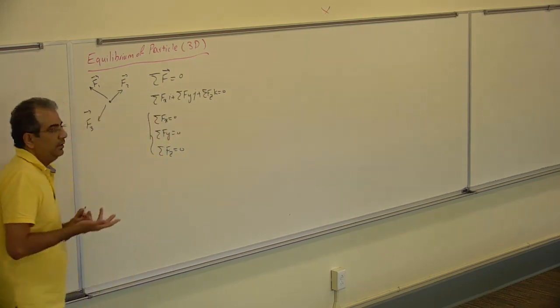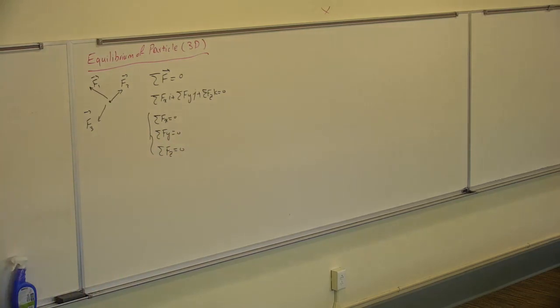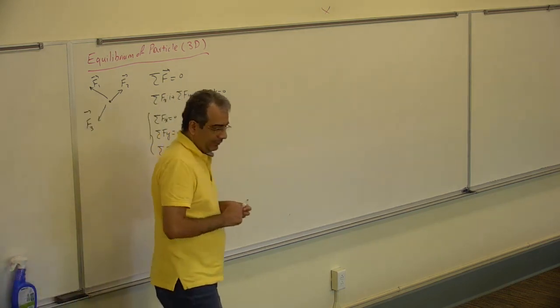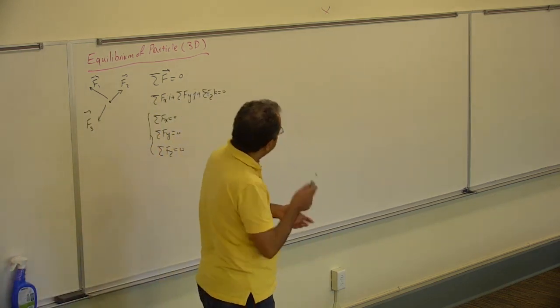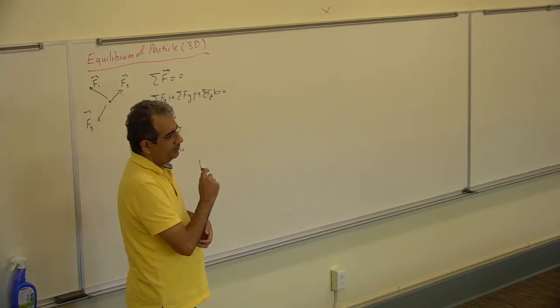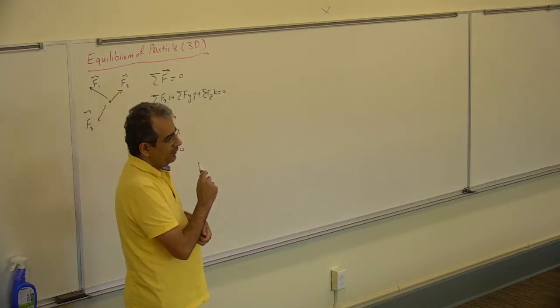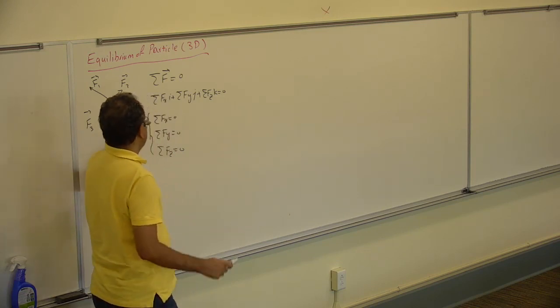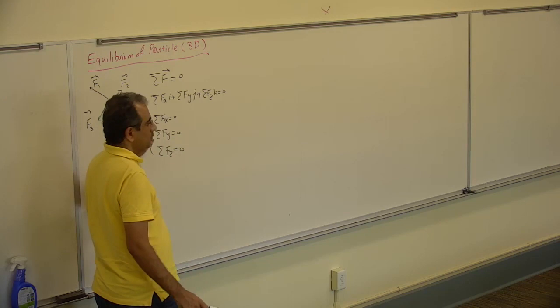In 2D, I would say I should have sigma Fx = 0 and sigma Fy = 0. In 3D, I have to have all of them be 0. So they can't just cancel each other out, they have to be 0. If they cancel? No, because this is along the x, this is along the y, this is along the z.